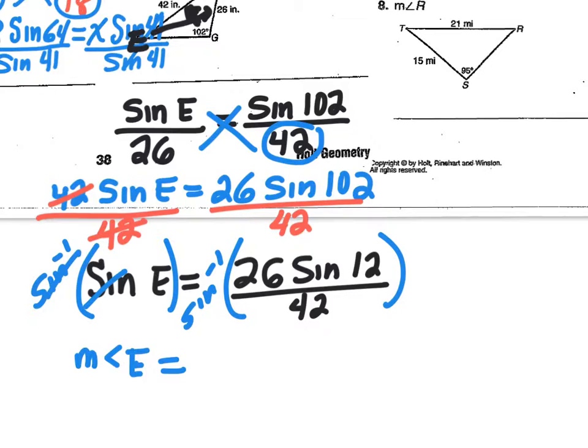I have 7.39. Yes, so you gotta be careful. Let me repeat the instructions. You gotta press second sine, and it gives you parentheses. Then you put 26 sine, and when you press sine, it gives you an open parenthesis. You're gonna put 12, and then close that parenthesis. And then after that, you're gonna divide that by 42.